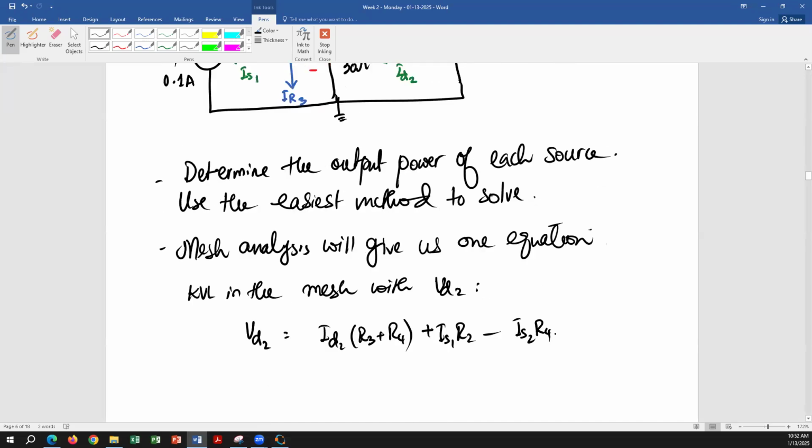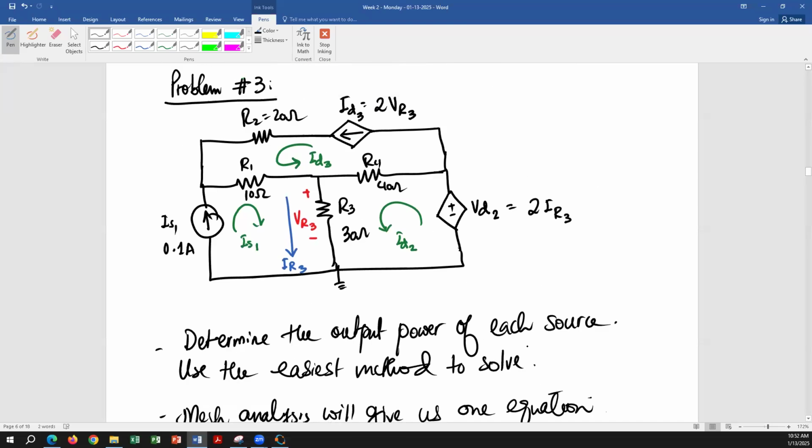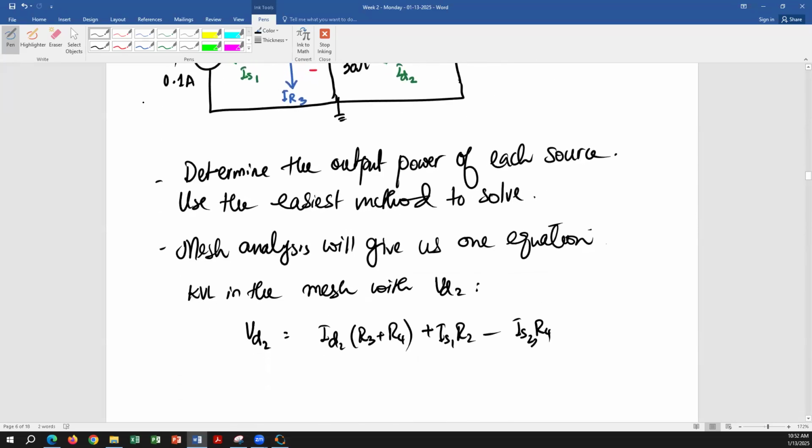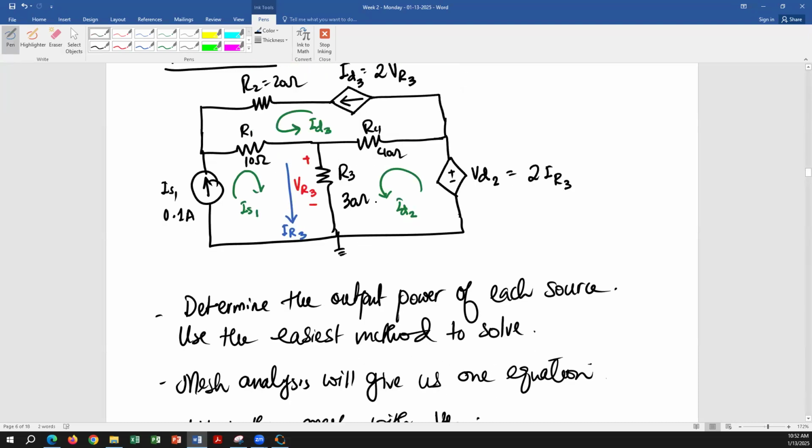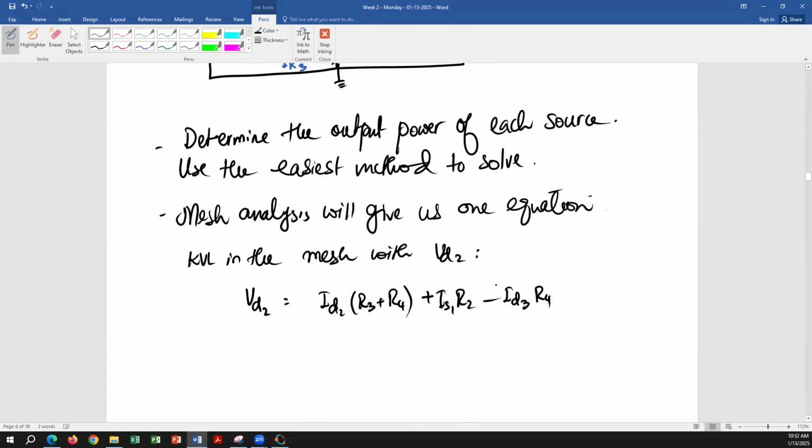So that is going to be ID3, sorry, ID3. ID2 R3 plus R4 plus IS1 R3 minus ID3 R4 equals VD2.